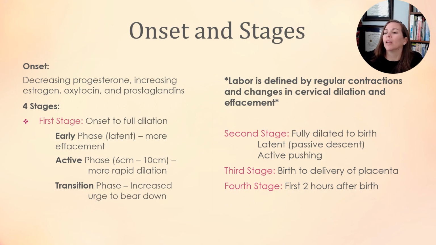Okay. This slide is actually kind of new information, even in the last few years, about the phases in the first stage of labor. But just as a big picture first, I'll tell you labor is divided into 4 distinct stages. And it's only the first stage, really, that we think of as labor.